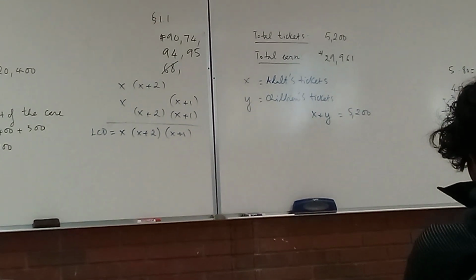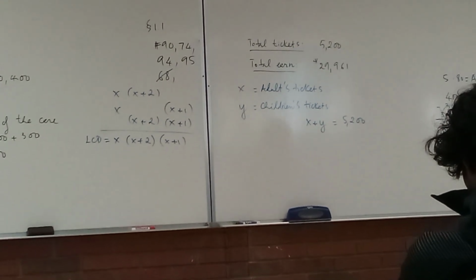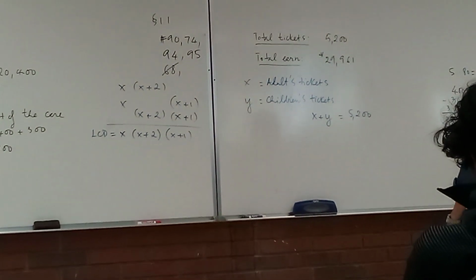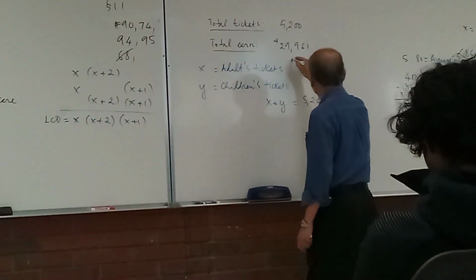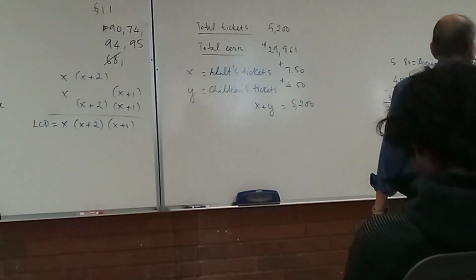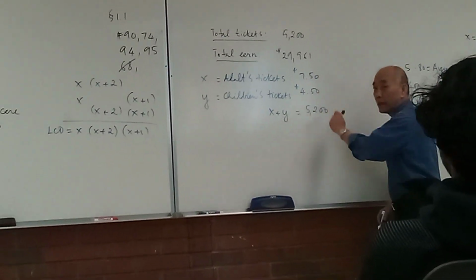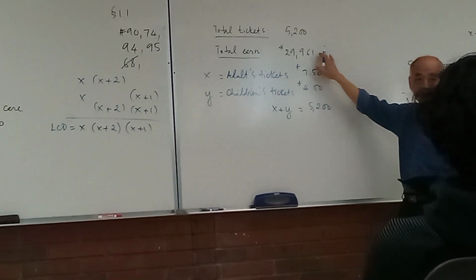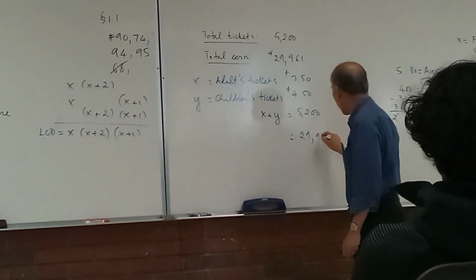The next one. The admission is $7.50 for adults and $4.50 for children. Give me the second equation. Now this is about the money, so you need to use the total dollars, 29,961.